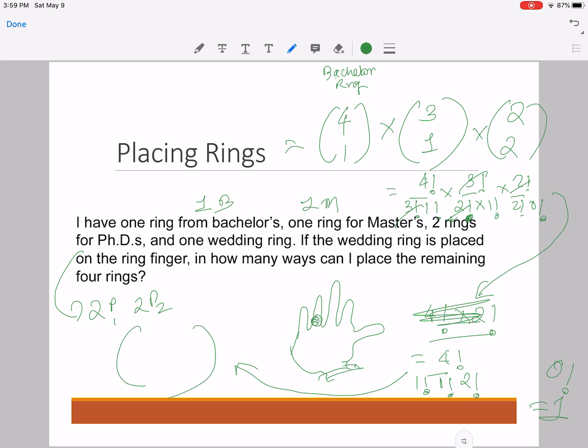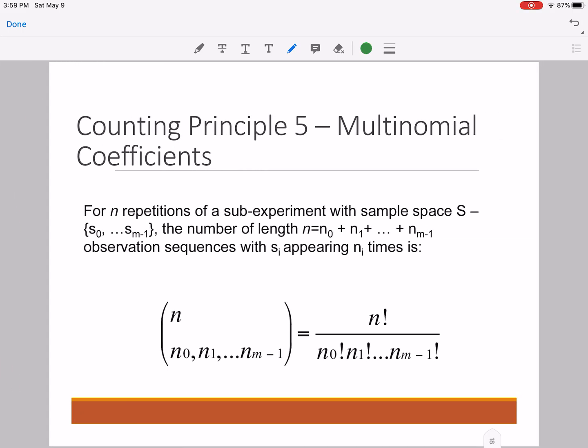So this equation can be written in a nice choose format, and that is as follows. Let's say that you have n spots. The number of ways in which you can place the object 0, let's say n0 times, object 1 n1 times, and object 2 n2 times is n choose n0, n1, n2. So that is counting principle number 5, which deals with multinomial coefficients.